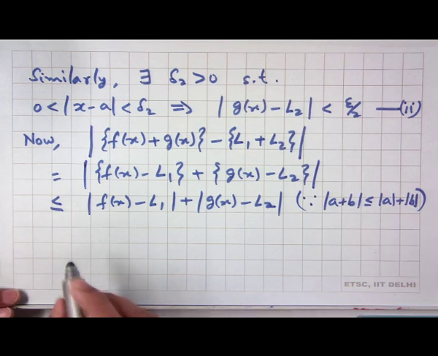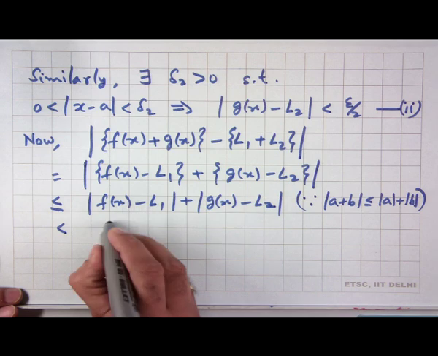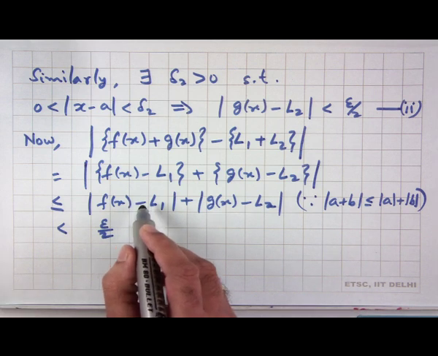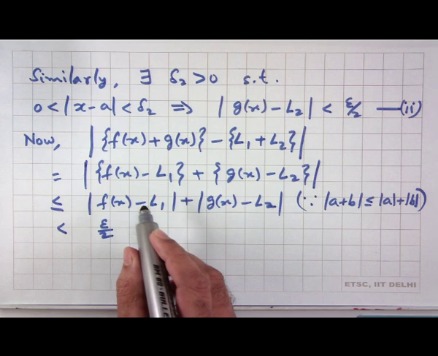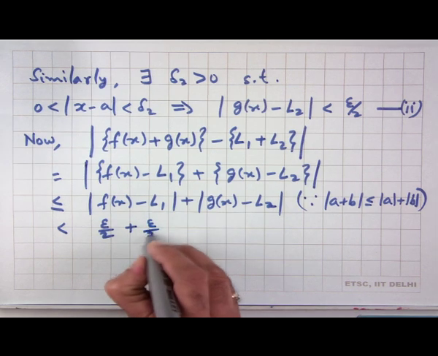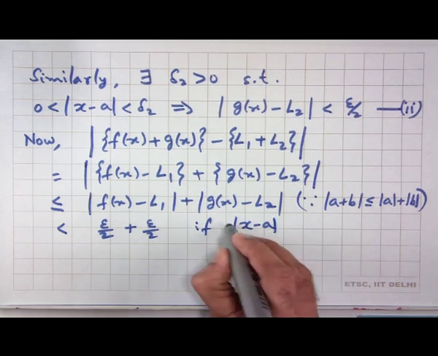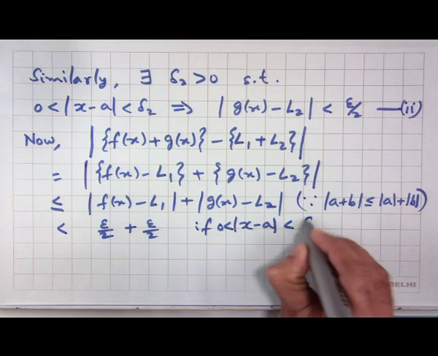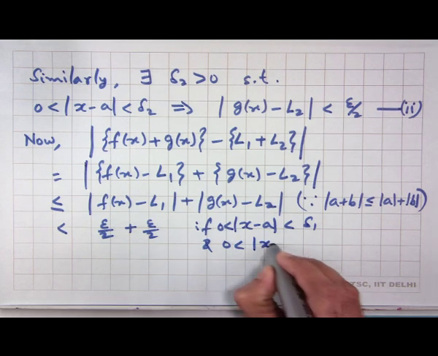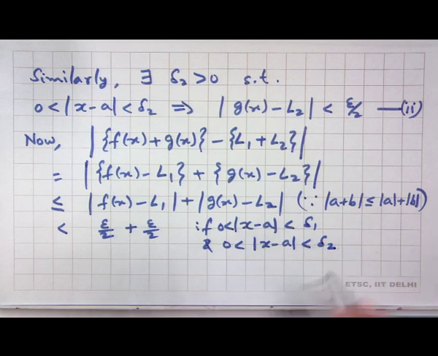Now, what we are given from 1, mod of f x minus L 1 is less than epsilon by 2 if mod of x minus a is less than delta 1, and this is less than again epsilon by 2 if mod of x minus a is greater than 0 and less than delta 1, and also mod of x minus a is greater than 0 and less than delta 2.